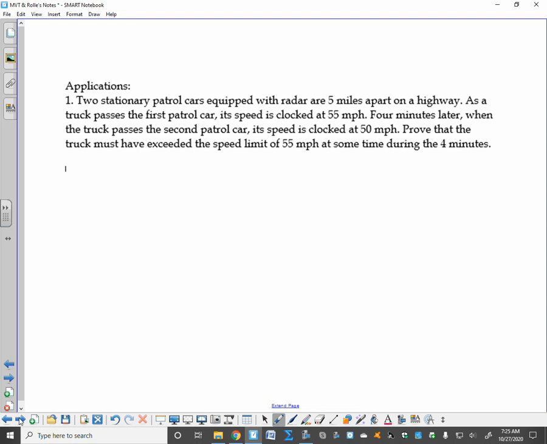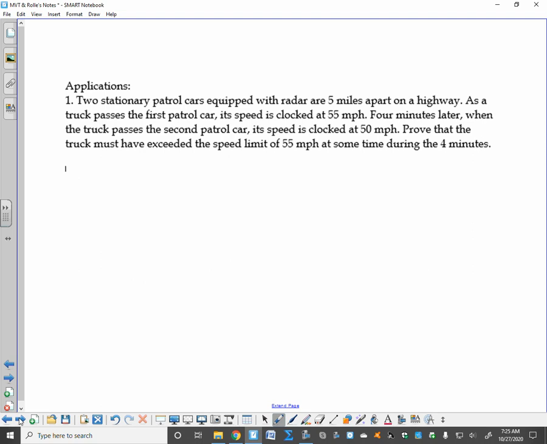Okay, so here's how you can see the MVT or Rolle's in action. So here we go. Two stationary patrol cars equipped with radar are 5 miles apart on a highway.